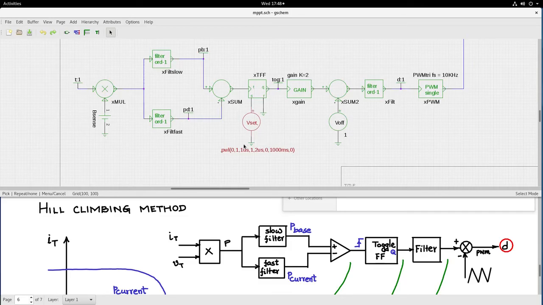So that is basically what I have done. I have given a very small monoshot type of signal using the piecewise linear source. At 0 it is 1, after 1 microsecond it is 1, after 2 microseconds it is 0, and after 1000 milliseconds, 1 second, it is still 0. So it's a very small pulse which I give to initially set Q to a high state, and from there on the closed loop will take over.